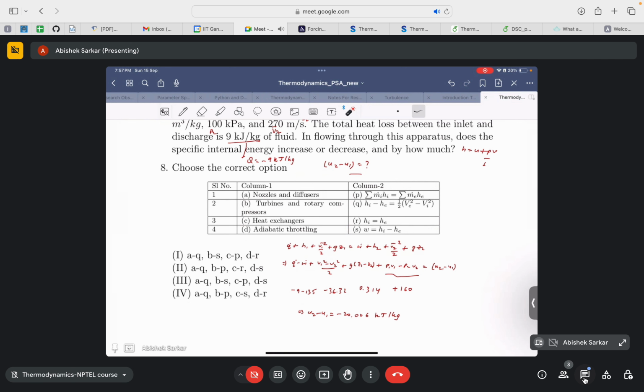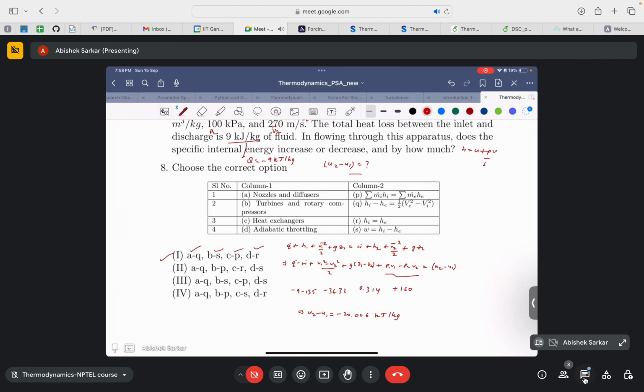B should be S, so this is correct. C is R. No, heat exchanger should be P, so C should be P. D is S. No, adiabatic throttling will give hi equal he, so D is R. So option 1 is correct.